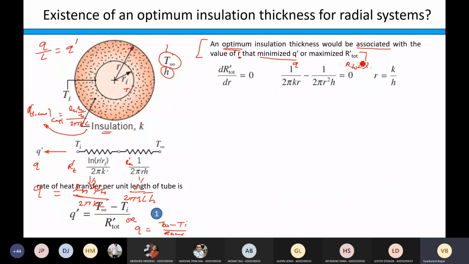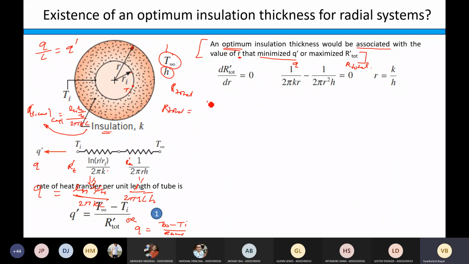Now to check this, you have to differentiate this R dash total, or R total in that case, with respect to r, equate it to 0, and then solve it further.